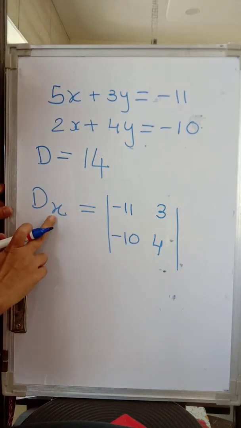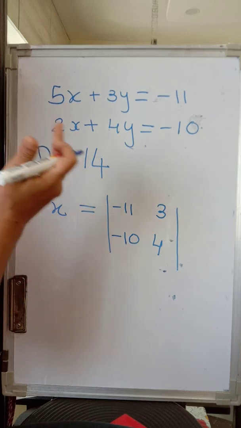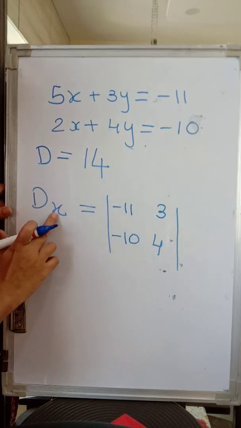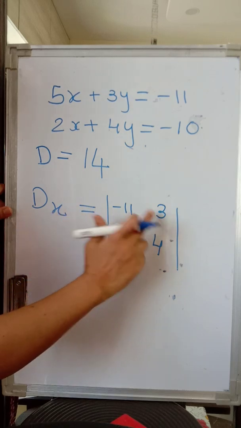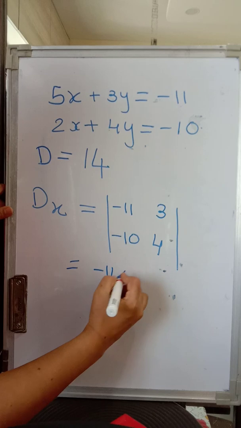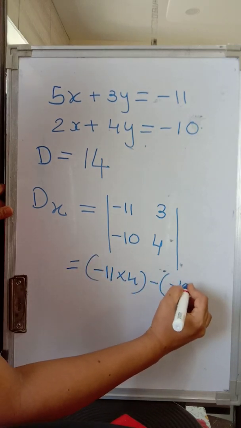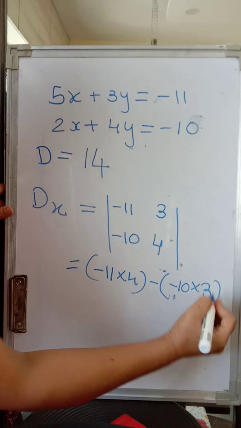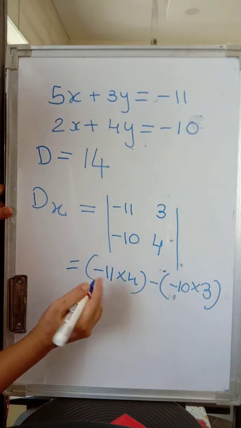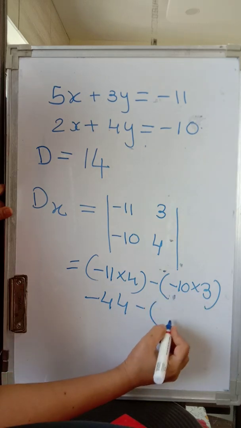To find the x determinant, we omit the coefficients of x and use the constants and y coefficients. Now let us find this. What we will have? Minus 11 into 4 minus 10 into 3. So we have 11 fours are 44 and the minus sign, so minus 44, minus 10 threes are 30.